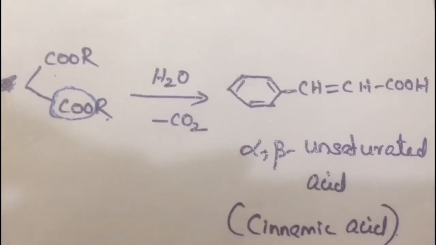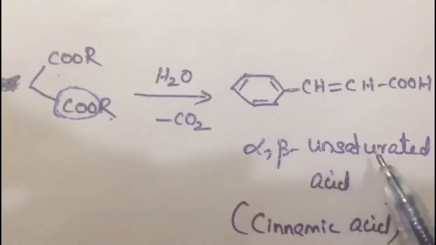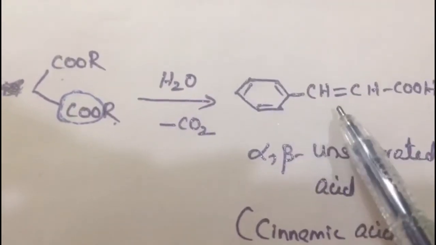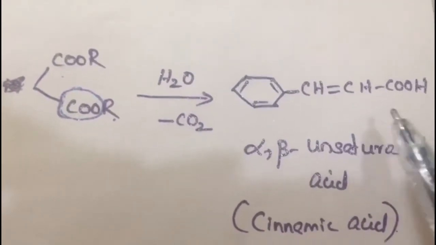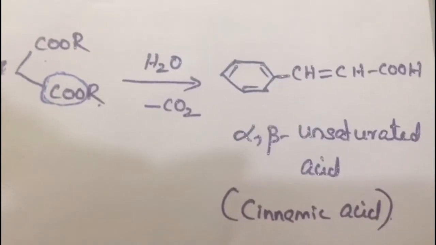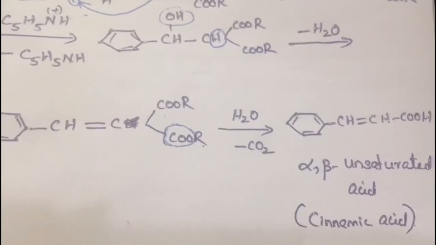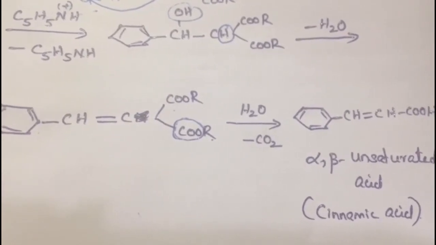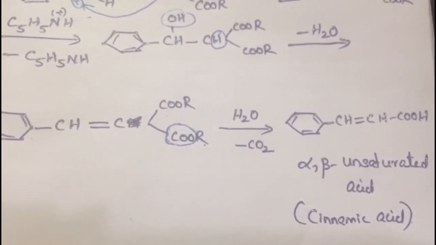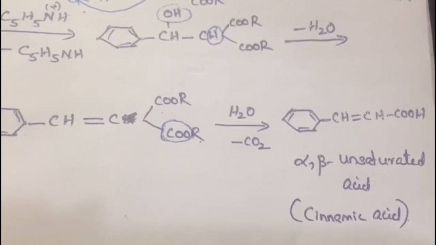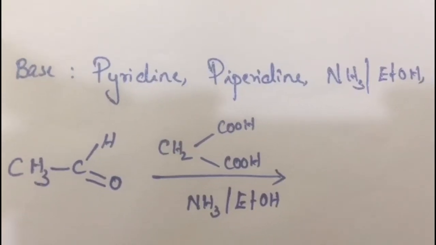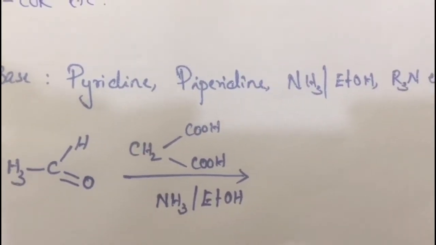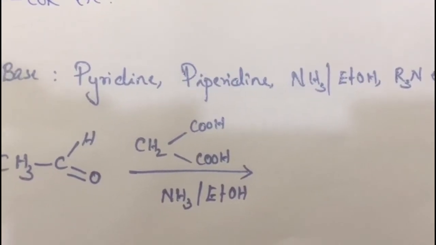This compound is known as alpha beta unsaturated acid. This is also known as cinnamic acid. So in this reaction we have studied condensation of benzaldehyde with malonic ester in the presence of pyridine to form cinnamic acid. We can use pyridine, piperidine, ammonia in ethanol or trialkyl amine as bases.